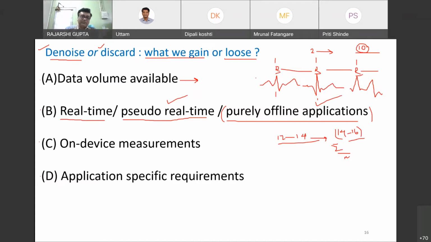If you fix that pulse oximeter on your finger, you will see on a colored LCD display that the value of SpO2, the saturated oxygen in your blood, is being updated every half second or 1 second. That is the latency at which the display has to be refreshed.